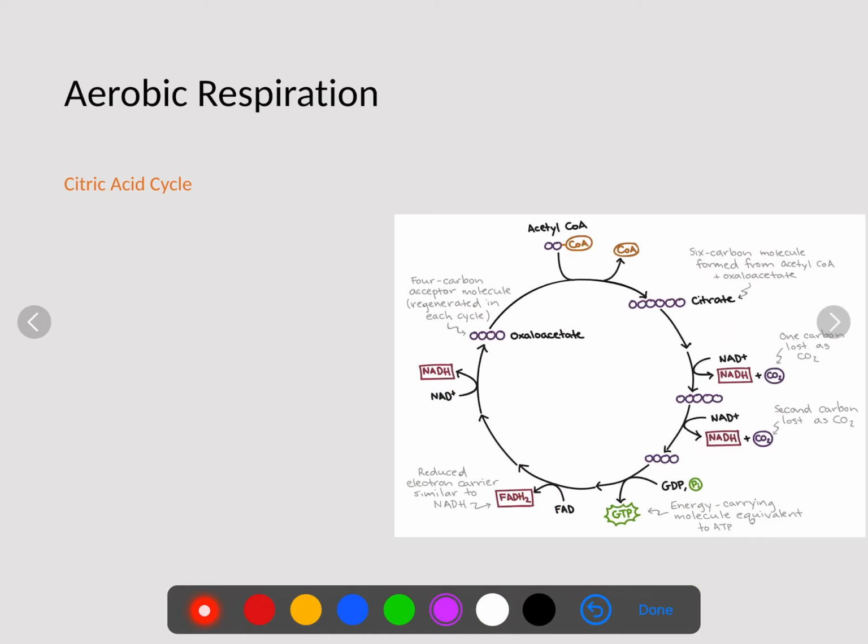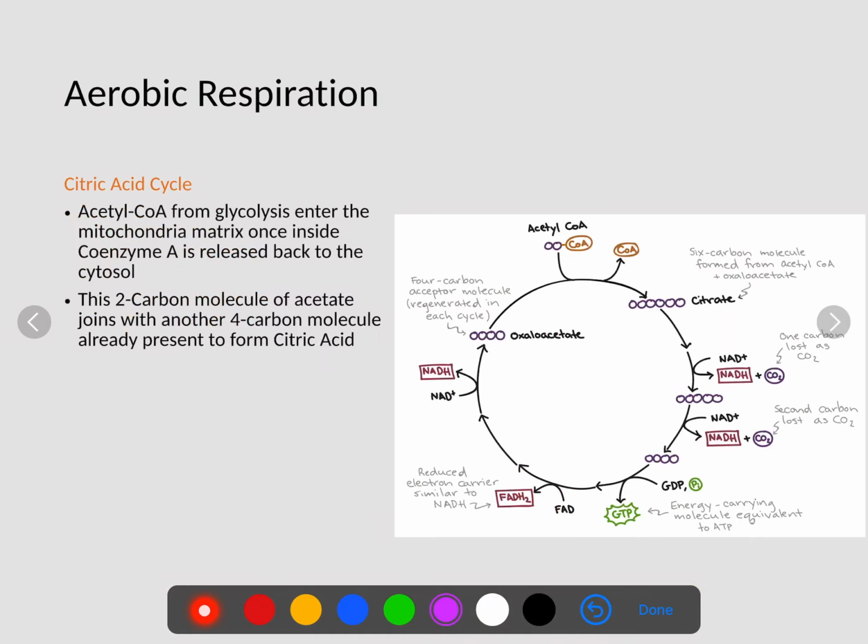So again, we've entered into the mitochondria, and we are going into what's known as the citric acid cycle. So acetyl-CoA obviously just entered into the cell. So this 2-carbon molecule of acetate joins with another 4-carbon molecule already present to make citric acid, which is why this process is called the citric acid cycle.